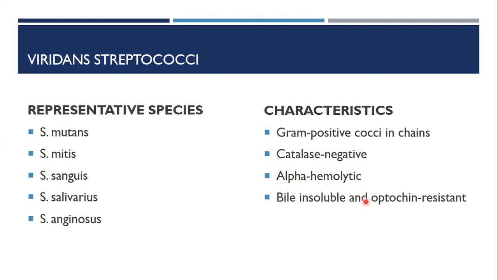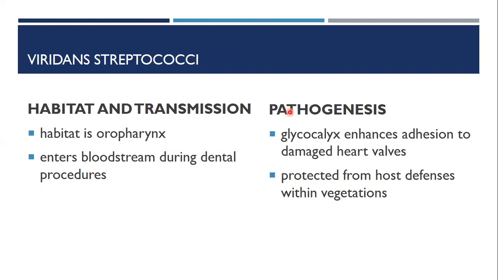They are resistant to the effects of optochin and they are bile insoluble. As to habitat, I mentioned already that they inhabit the oropharynx and they usually cause infection when they enter the bloodstream during dental procedures.